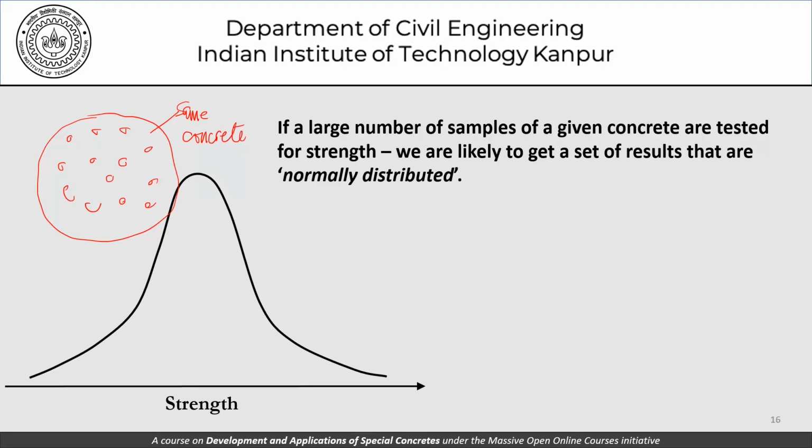It will show a certain amount of variation. Why that varies, we'll come to in a minute, but this distribution will be normal in the statistical sense of the word.